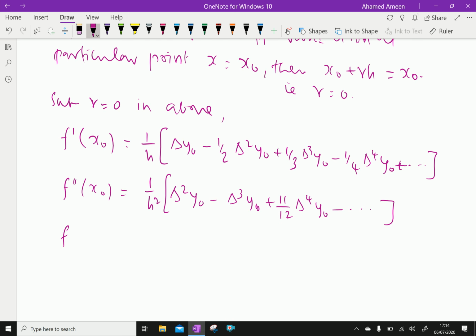Then the third derivative f triple dash at x0 equals 1 by h cube delta cube y0.